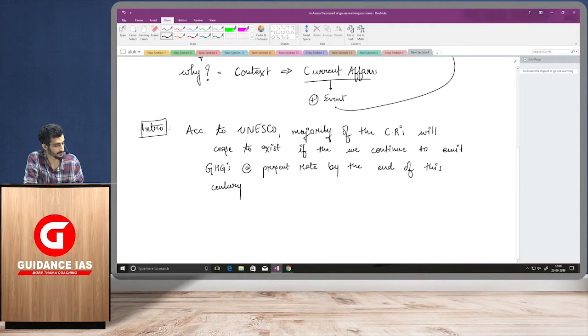So this can be a good way to start, which will provide a good context for the examiner, who can easily make out that you are getting the question from where it is asked and why it is asked.